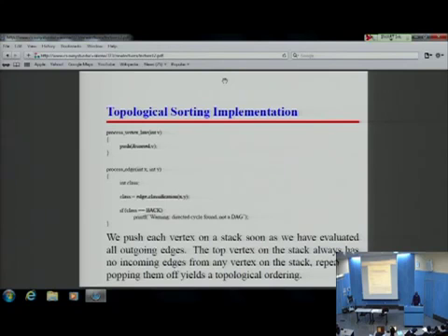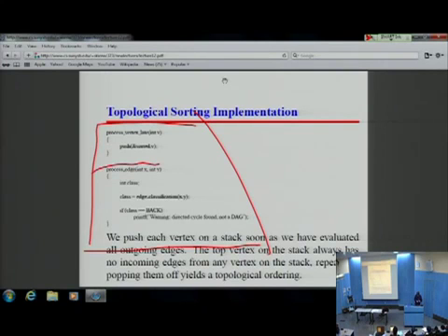What's interesting is, another way to compute topological sort is really basically just doing a depth-first search. And if you take my depth-first search program, which we have in the book and which I put on the slide, and you augment it so that whenever you process an edge, you check to see whether or not you have a back edge.